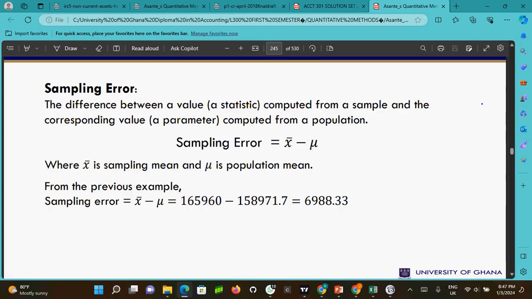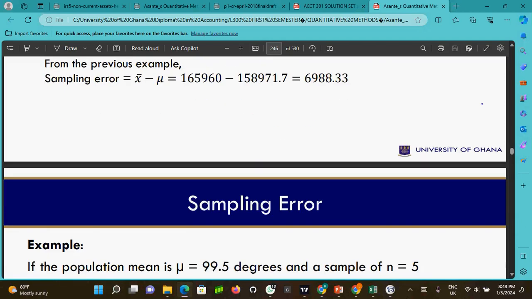Where X bar is the sample mean and U is the population mean. So from the above, when we subtract, this was the sample mean and this was the population mean. So this will be our sampling error.